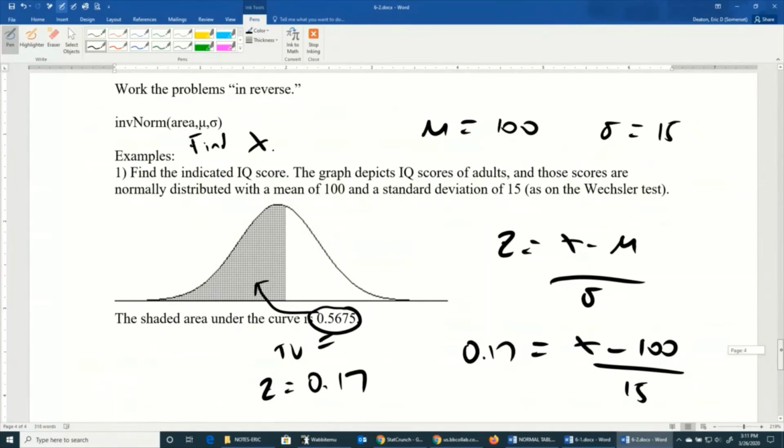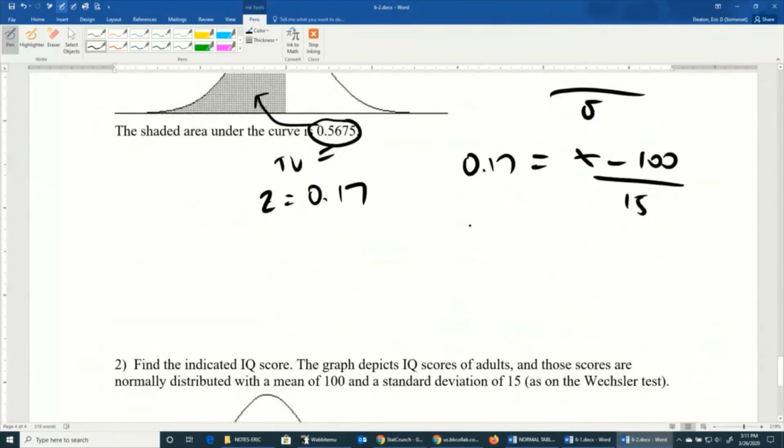So now it involves some algebra. To solve this, you multiply both sides by 15, and then you add 100.